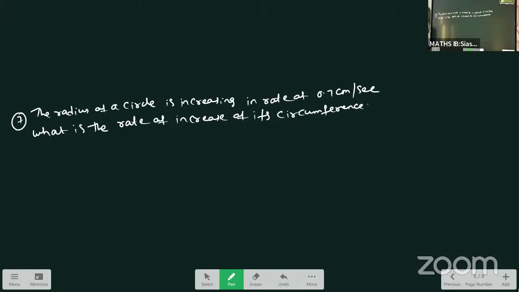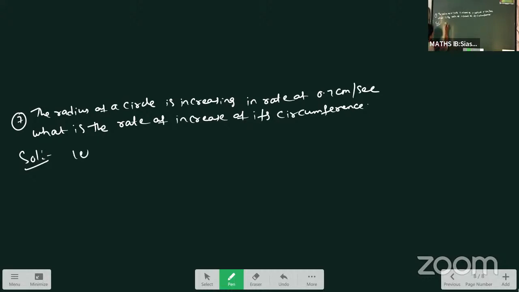So what is the circumference of a circle? 2 pi r. So he is asking for dC by dt. Simple solution. The radius of a circle is increasing at a rate; increasing is always dr by dt.